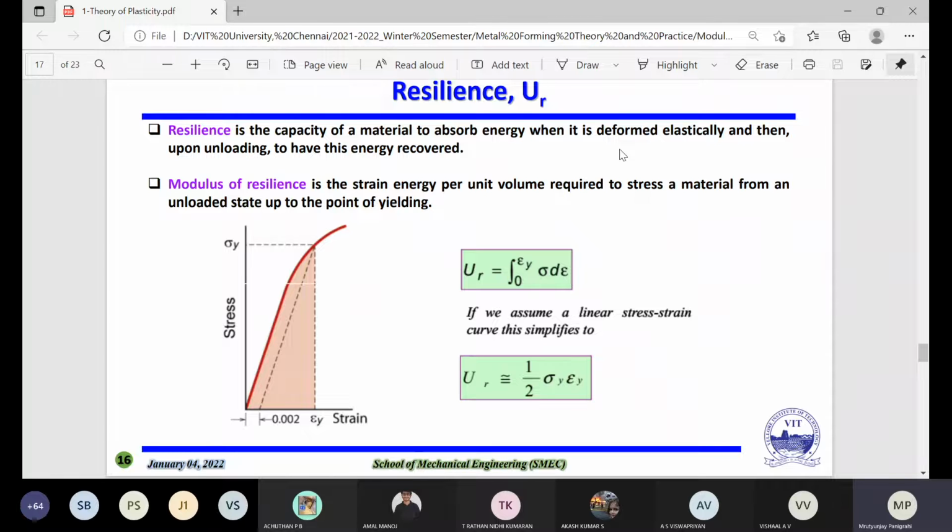So how much energy is absorbed by the deformed metal, that is known as resilience. Then also, modulus of resilience is the strain energy per unit volume. So how much strain energy you are finding per one unit volume, this is known as the modulus of resilience, right? Is it clear up to now?